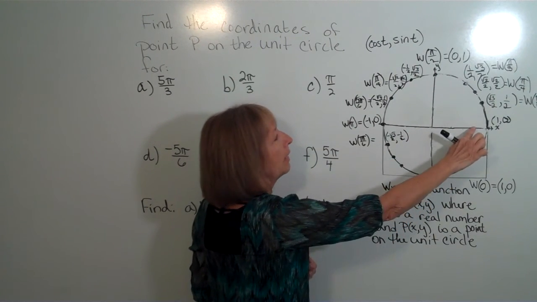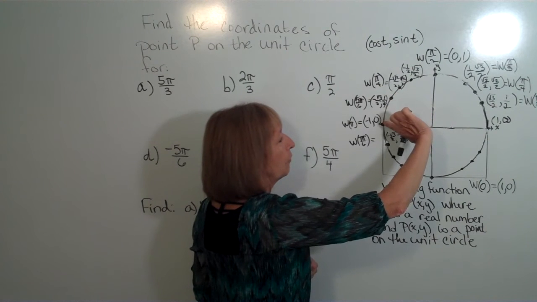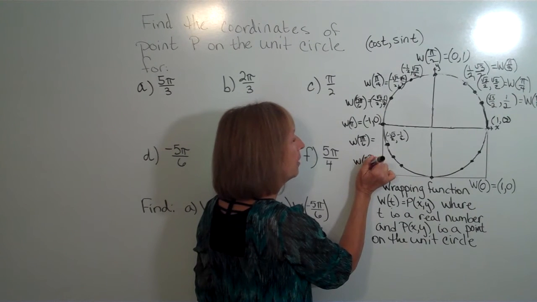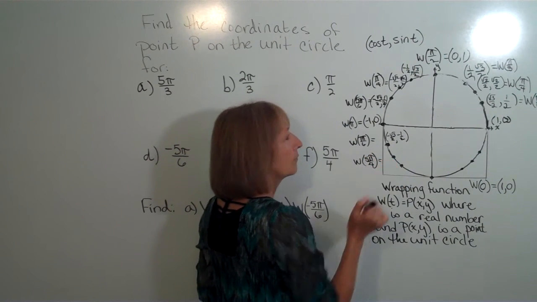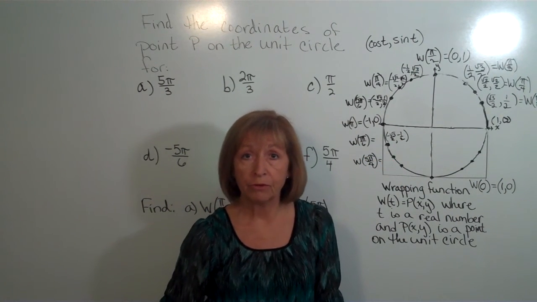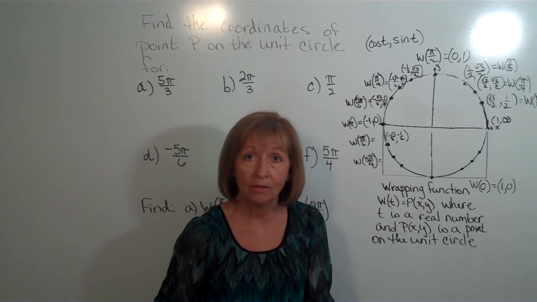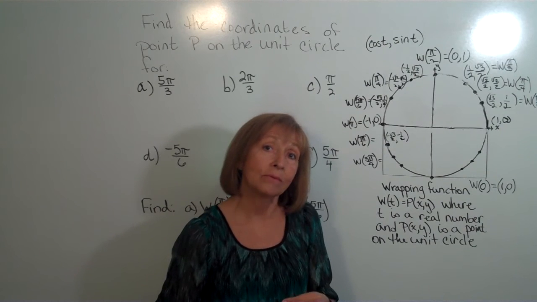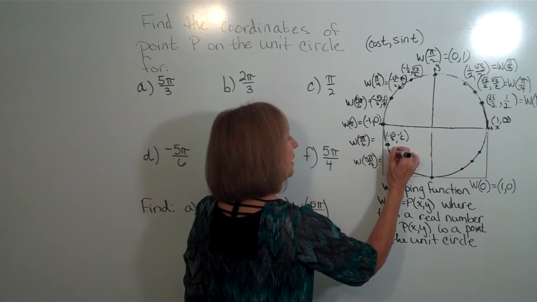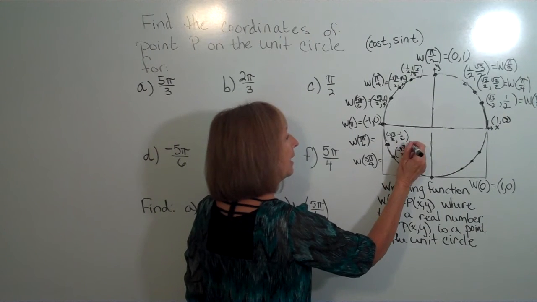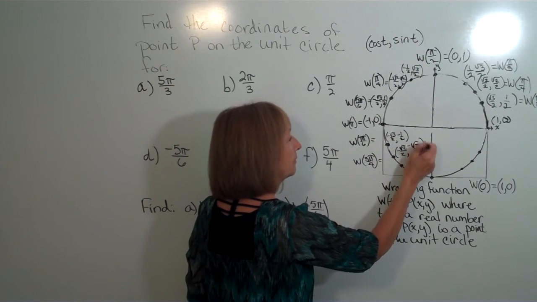And for my 1/4, 2/4, 3/4, 4/4, 5/4, for my wrapping function for 5 pi over 4, the over 4's are the square root of 2 over 2, comma, square root of 2 over 2 for the cosine of the angle and the sine of the angle. But again, left and down. So that's going to be a negative square root of 2 over 2, comma, negative square root of 2 over 2.